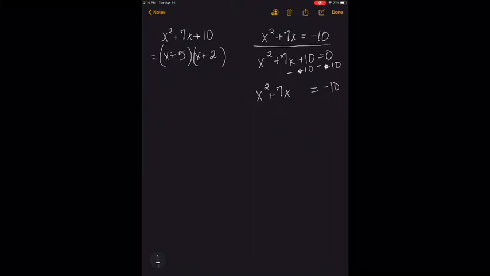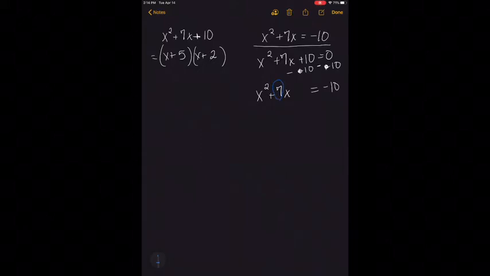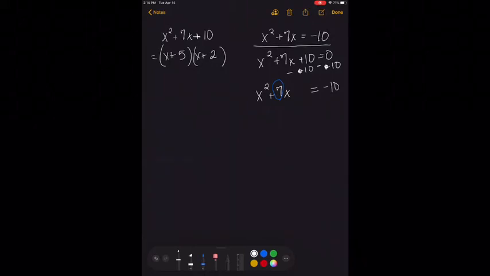So the next step would be to divide the coefficient of the x term by 2, square it, and add it to both sides of the equation. Well, what is the coefficient on our x term? It's that 7. So we're not going to divide it by 2 and make it 3.5 and then have to square that.